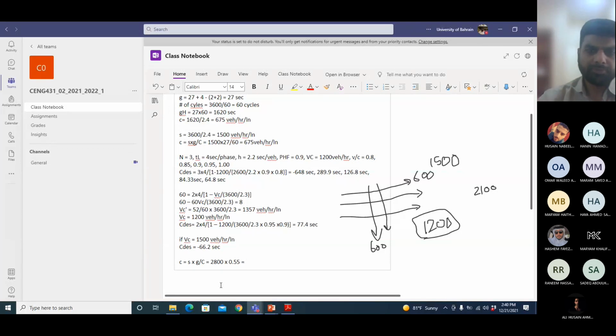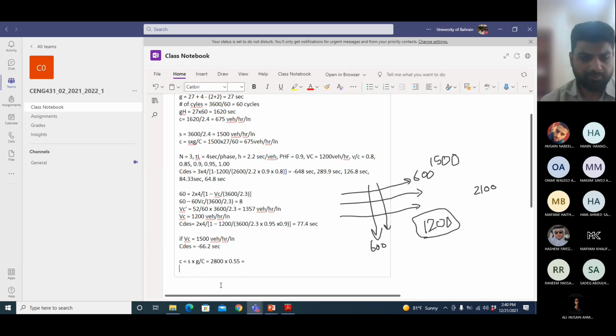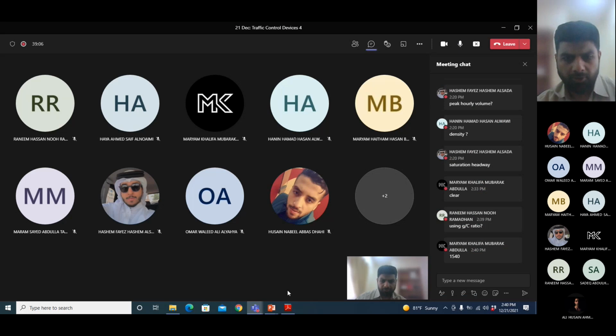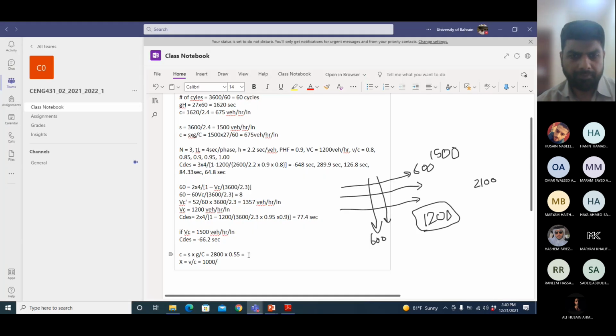How much is this? 1540, okay. Vehicles per hour per lane.